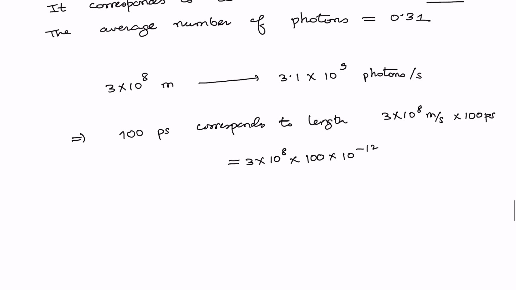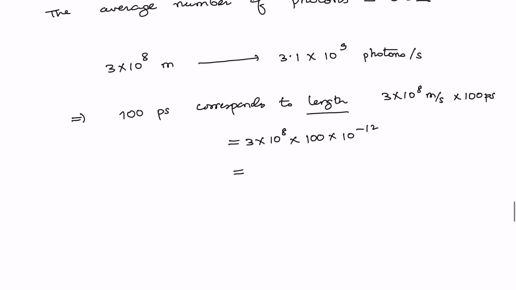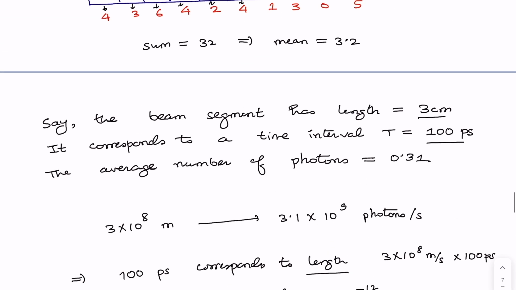If you do the maths, this length turns out to be simply 3 centimeter. So this is why I wrote that the beam segment has length 3 centimeter and it corresponds to a time interval of 100 picosecond.